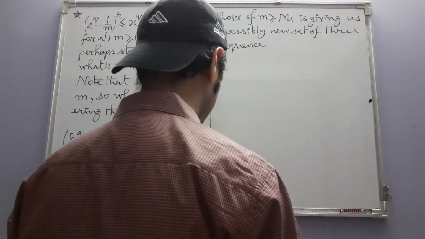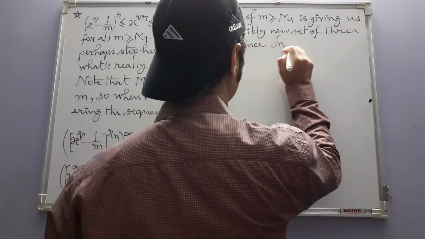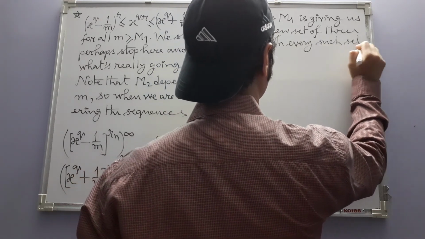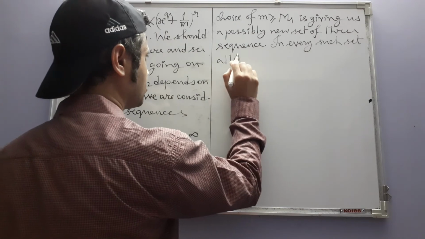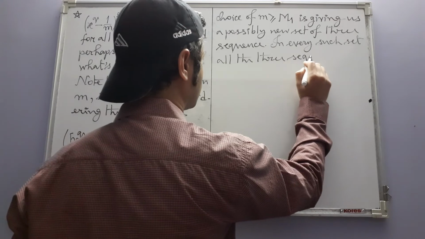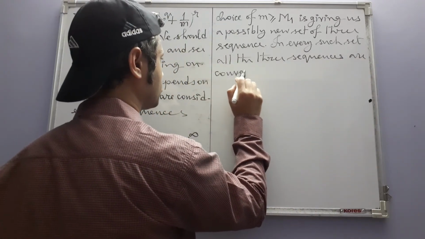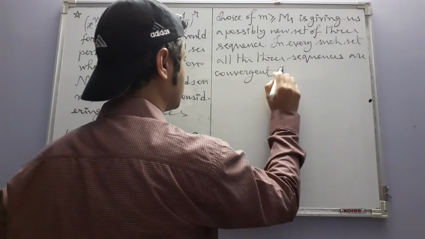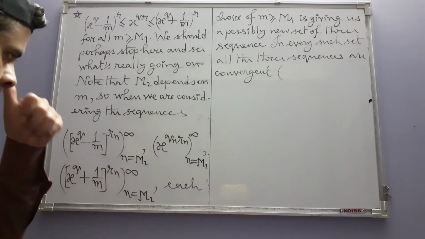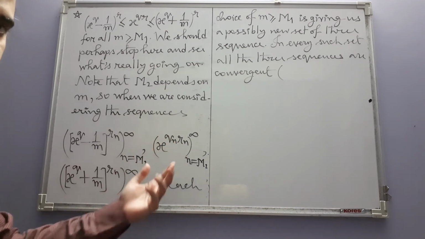In every such set, all the three sequences are convergent. Which follows from where? From lemma 6.7.1, because here the things that are changing are the exponents.